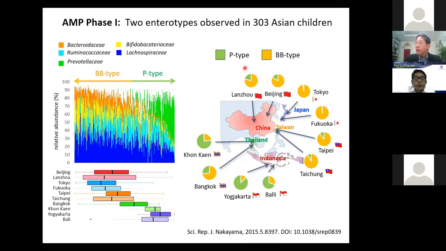This map shows the distribution of these two types. BB type is colored by orange and P type colored by green.